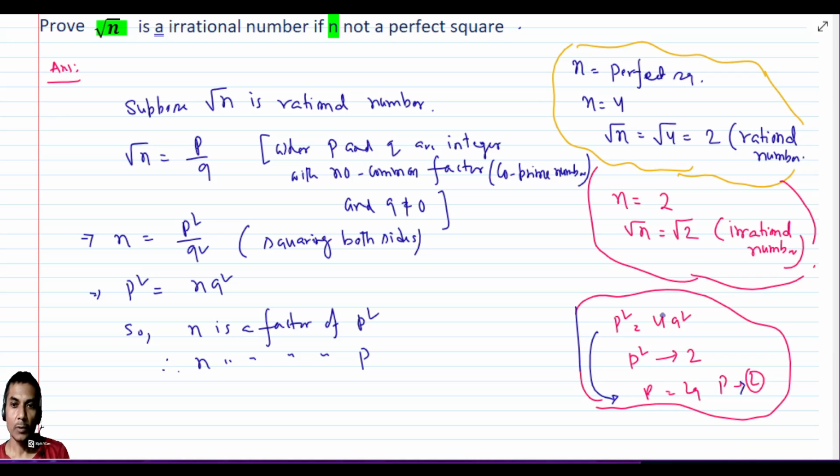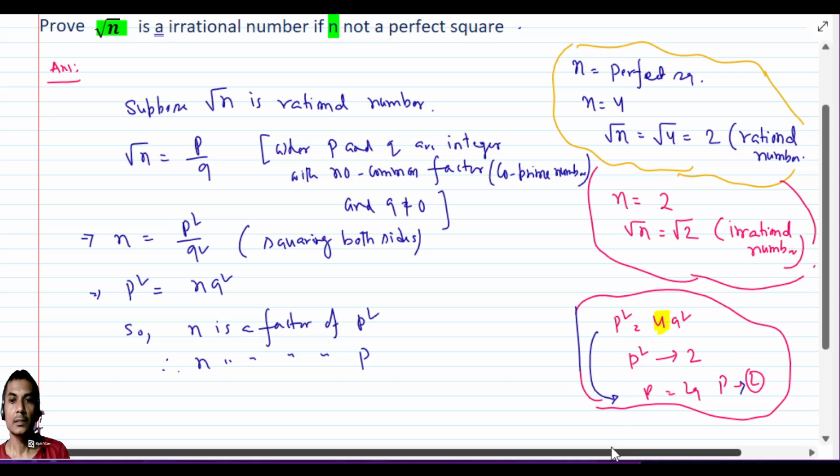Now you may ask why I consider this 4. Because if it is not a perfect square, we cannot do this calculation. P is equal to 2q is not possible because we cannot find the factor. So to find any integer as a factor, first we have to consider n as a perfect square. Then only we can prove that.